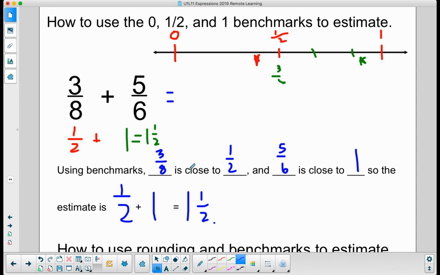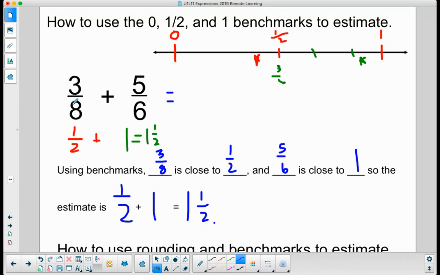Really, I do this mostly in my head. Now, if I was working this problem, I'd say, okay, I need a common denominator, 6 and 8. 6 is not a factor of 8. 1 is not their only common factor because I know they have 2 also.